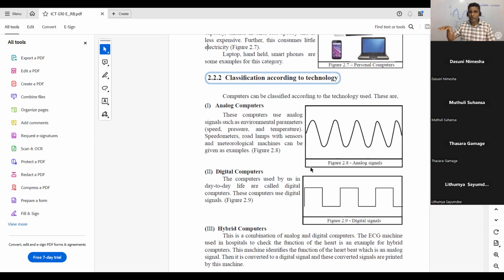It will turn on when the environment gets darker. Okay? But we can't say it's like just on and off. According to the darkness, when it reaches a certain threshold, it will activate, right? So those are analog type computers, right?